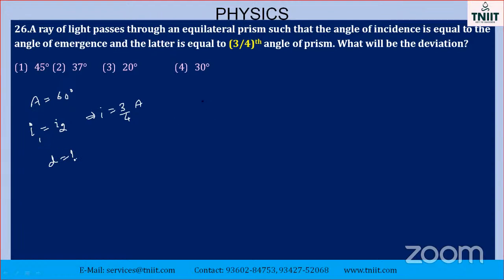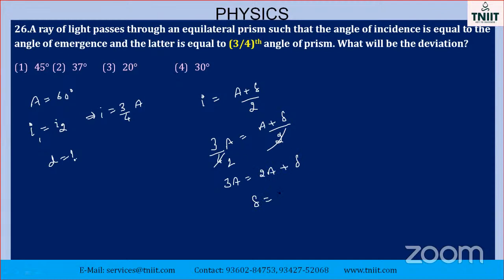Now you know that the angle of incidence is (A plus deviation) by 2. Angle of incidence is 3 by 4 A, which is equal to (A plus deviation) by 2. 2 ones are 2, 2 twos are 4. 3 times A is equal to 2 times A plus deviation.